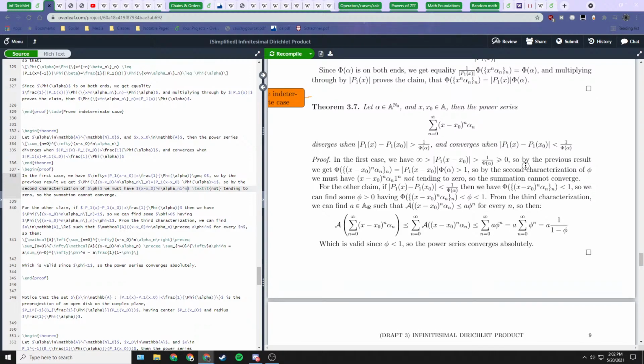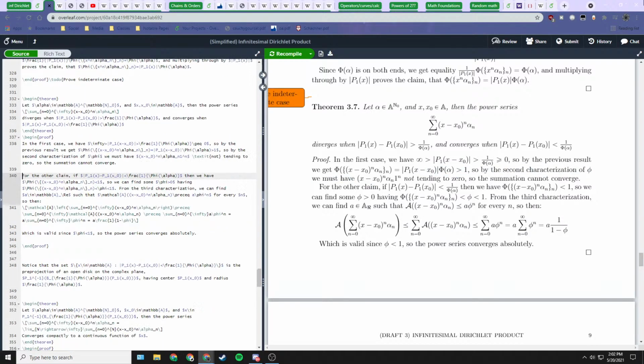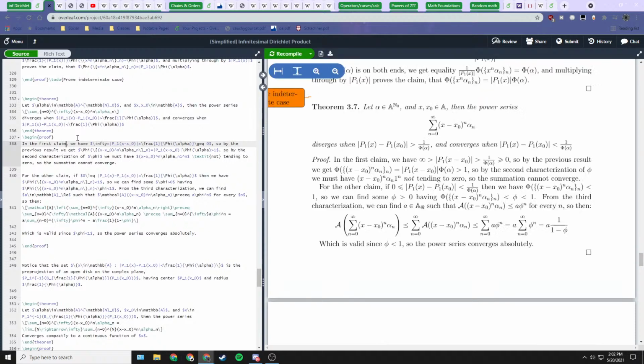So by the previous result, we get this, and by the second characterization, we must have this not tending to 0, so it doesn't converge. For the other claim, otherwise, if this is less than that, this has to be greater than 0. Oh, hold on. Okay, that's fine.